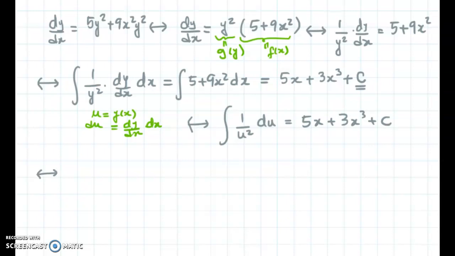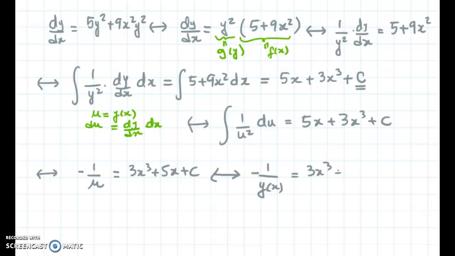So in the left-hand side, we need a function that has derivative 1 over u squared when we take the derivative with respect to u. So this is going to be minus 1 over u. So minus 1 over u is the same as 3x cubed plus 5x plus c. But we know what is u. U is y evaluated at x. So minus 1 over y of x is equal to 3x cubed plus 5x plus c.